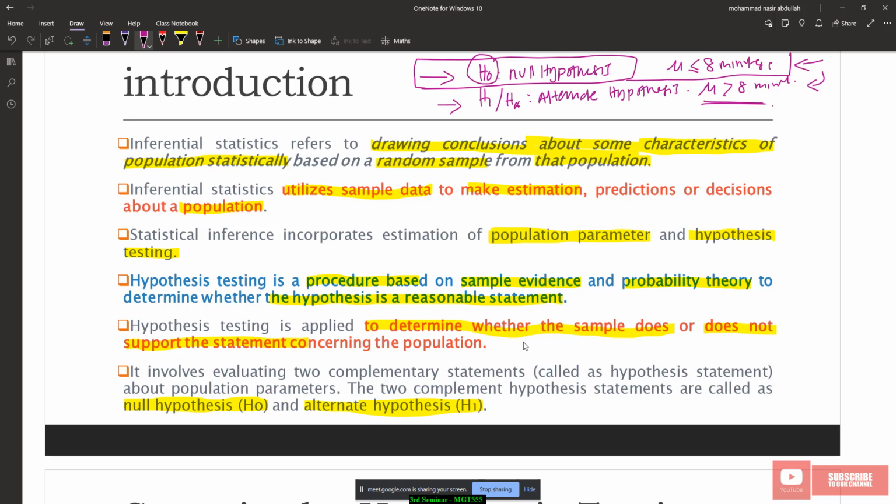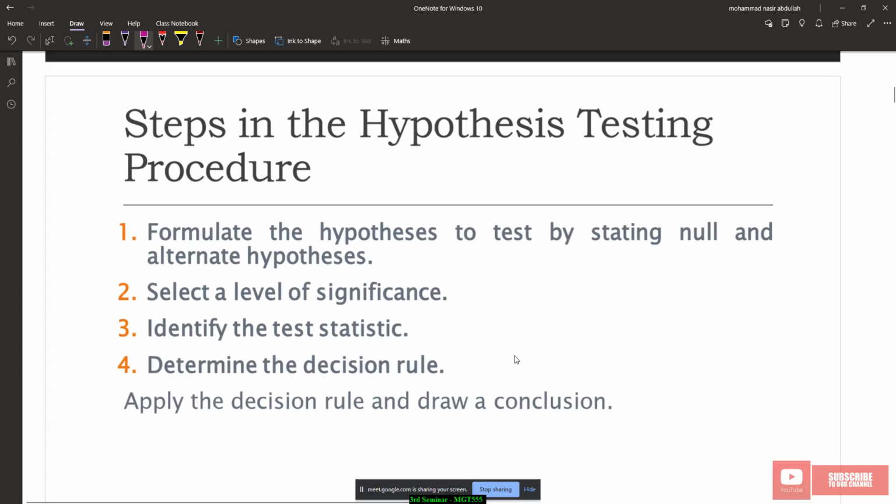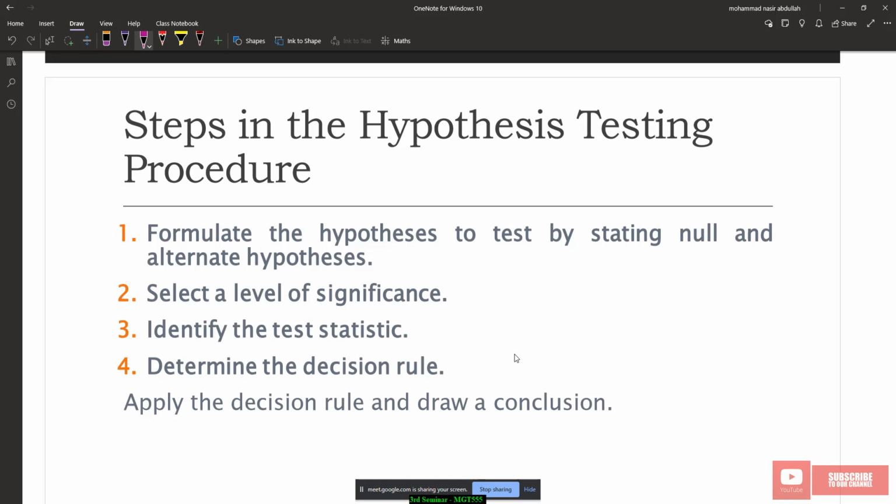The opposite of the null hypothesis is the alternate hypothesis. The null hypothesis is the statement that we want to test. The alternate hypothesis is the opposite way: if the statement we want to test is not true, it should be the other way, which is the alternate hypothesis. So now let's look at the steps in the hypothesis testing procedure.